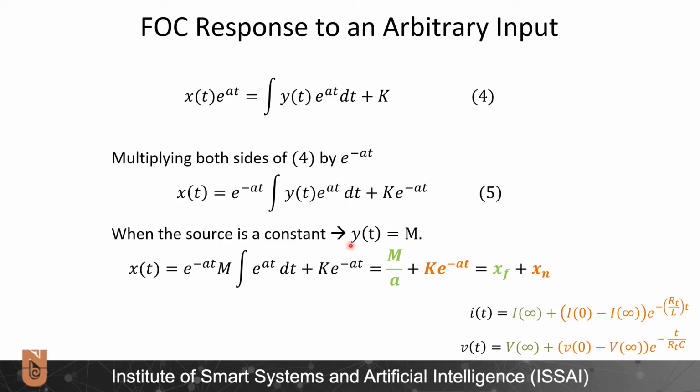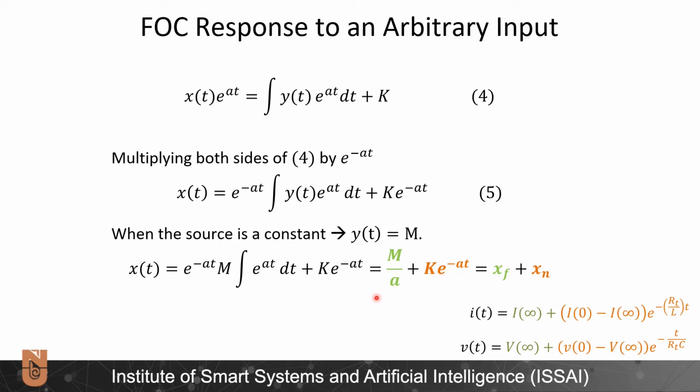Let's see, if I assume the input to the circuit is a constant m, what does this part become? m is a constant, therefore I can take it out of the integral, and I can simply integrate e to the at dt, and for the left side I end up with m over a, and for the second part I end up with k times e to the minus at.